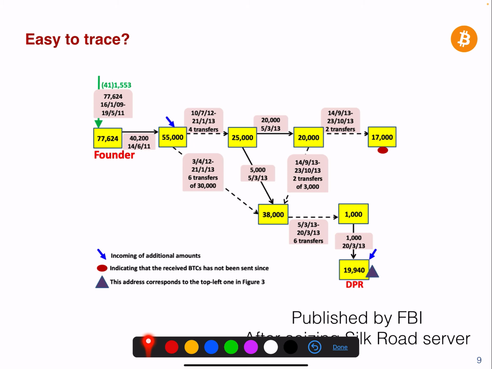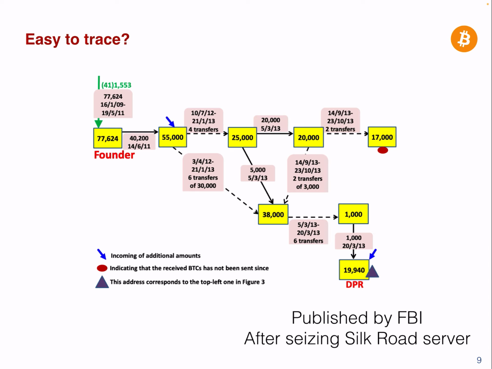So is it really easy to trace funds? There were some funds that were seized from the Silk Road server. The Silk Road was an online forum where people were able to buy any kinds of goods, legal or illegal, with Bitcoins.